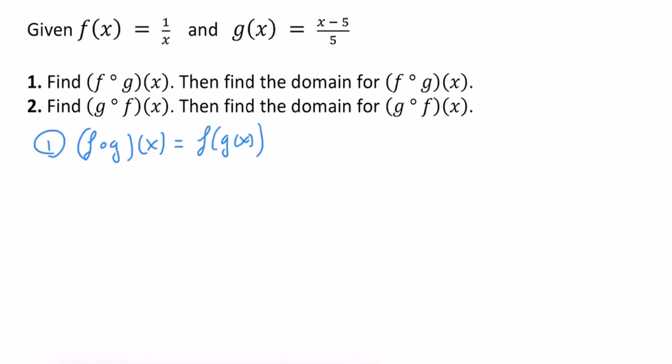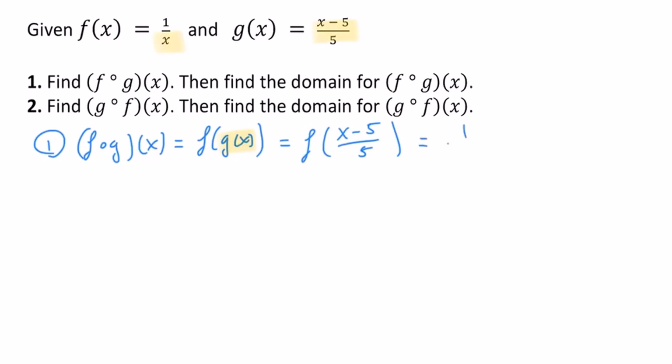Start with the inside function g(x). g(x) is (x - 5)/5, so this is f of (x - 5)/5. That means that wherever we see the x in the function f, we put in (x - 5)/5.